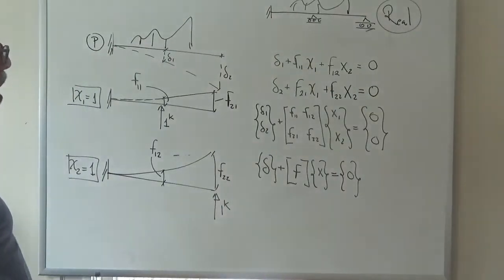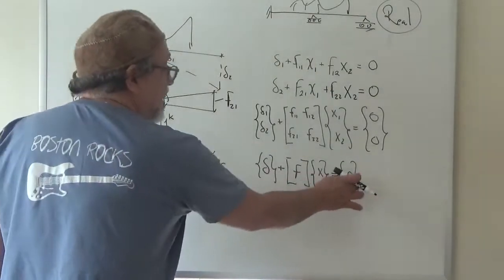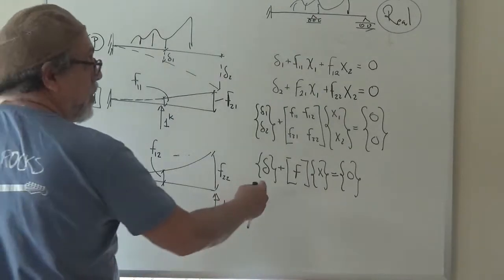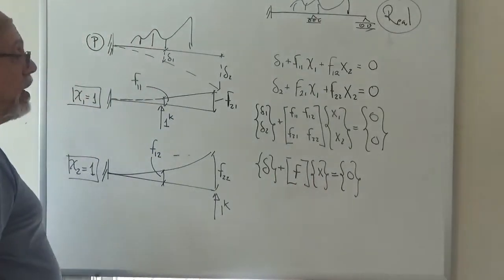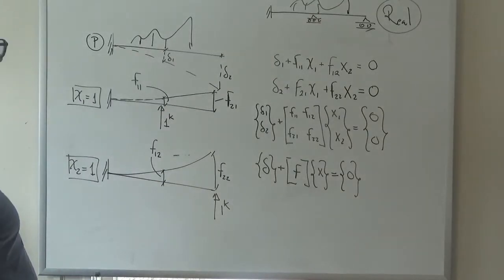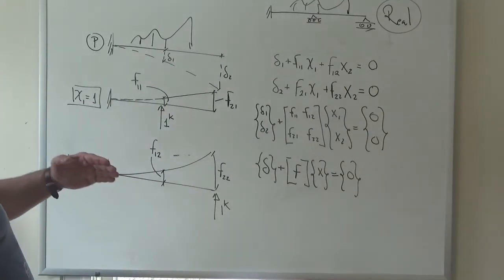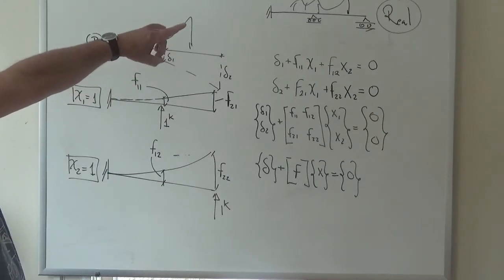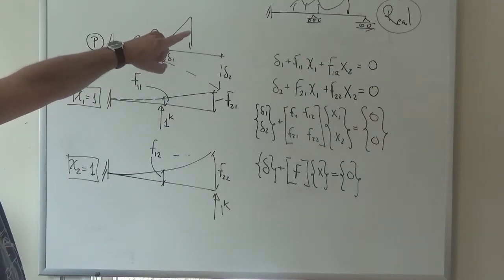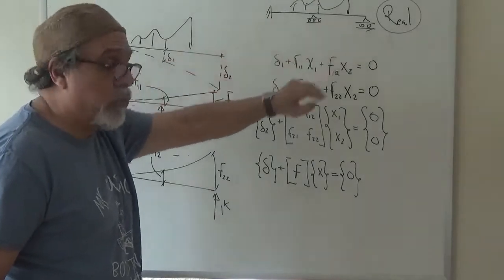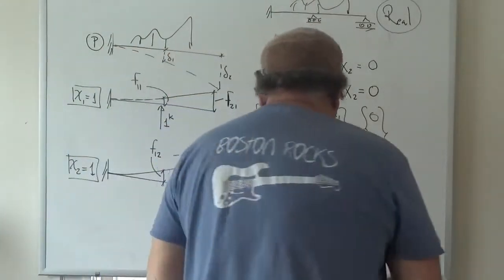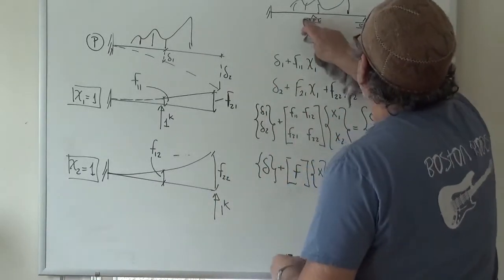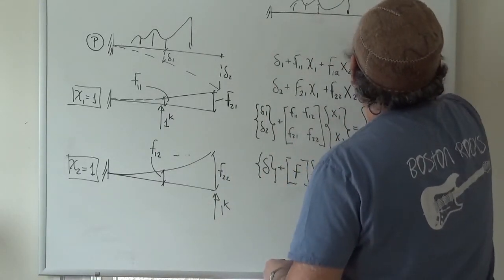So our problem is to solve this system of equations, right? And we know how to solve them, so when we solve them, we have x. Once we have x, then the structure that we're dealing with is no longer statically indeterminate, because we already know what are these two reactions, and therefore instead of thinking about them as being reactions, we just simply think about them as being loads.